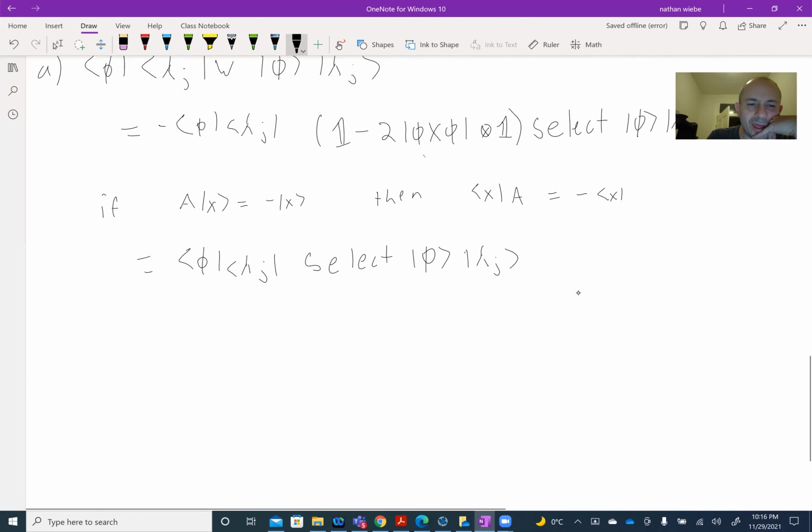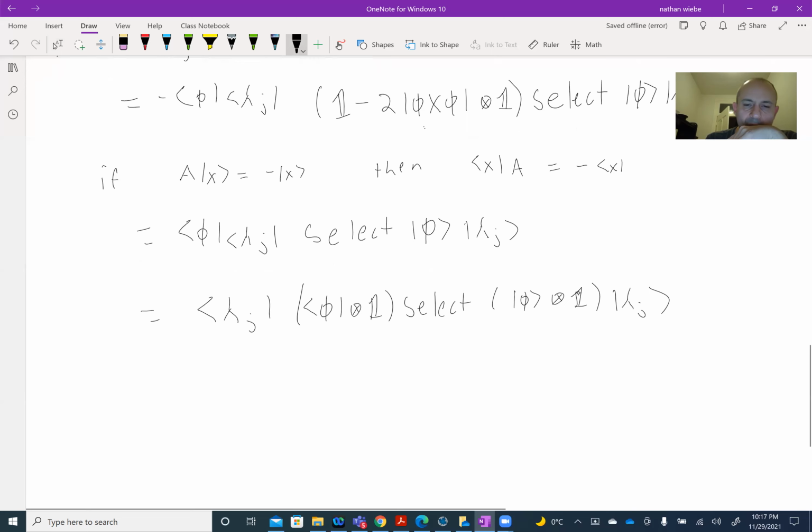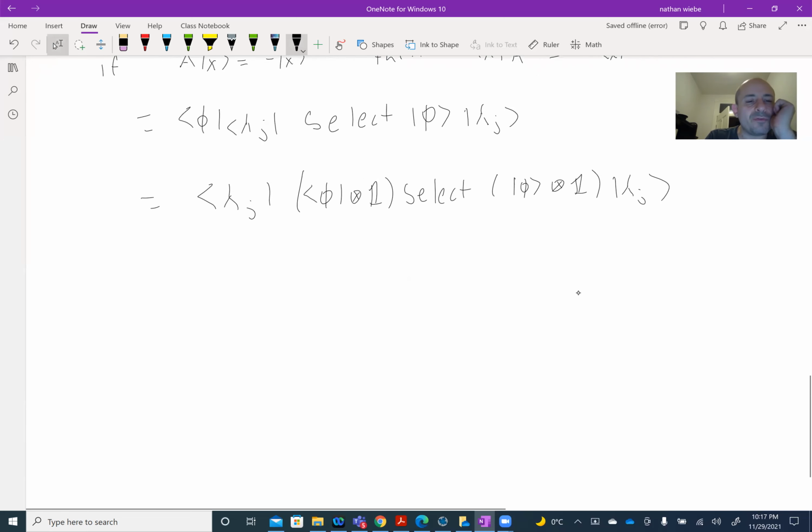Now all of this can be rewritten in the following way. We can rewrite this as phi tensor identity times select and phi tensor identity on this side, and lambda j, just by effectively factoring the lambda j out. However, recall that phi is equal to prep 0.